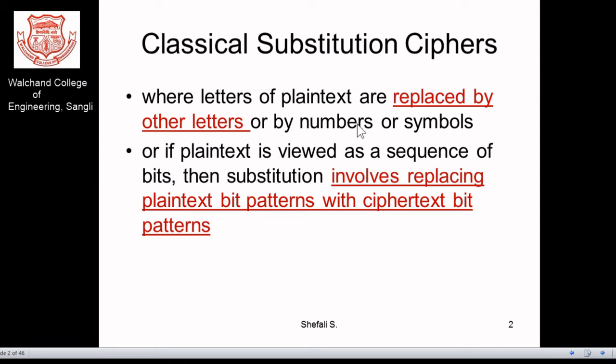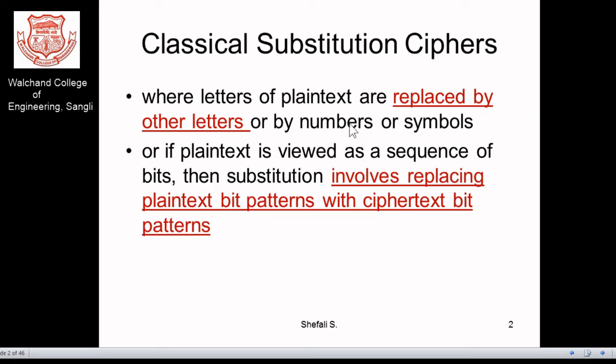If you are using any character, symbol, number, or digit, and you want to replace it by something else, for example, I can say X is called Y, Y is called Z, Z is called P or whatever. Then whenever you write down the script, the replaced letters will be there, and obviously the original text will get hidden. So here it is a replacement.